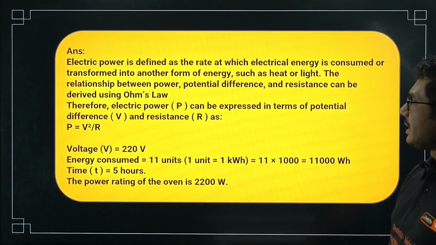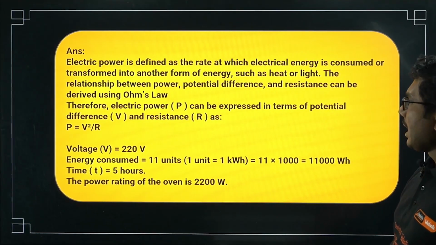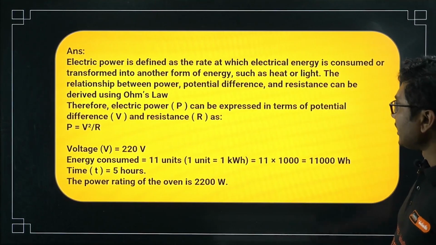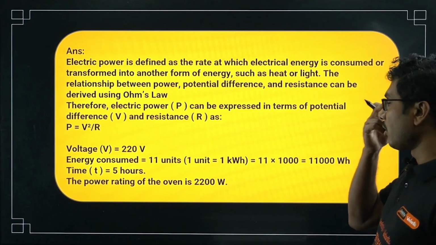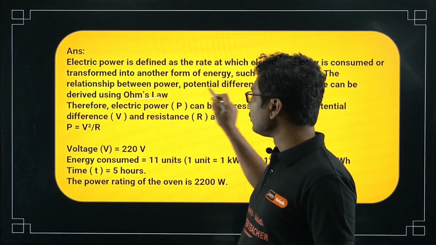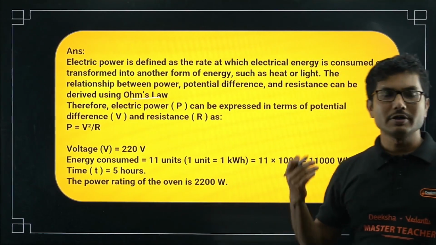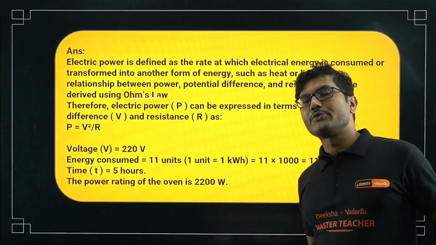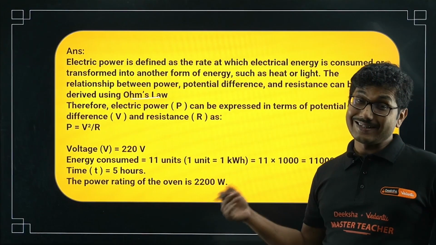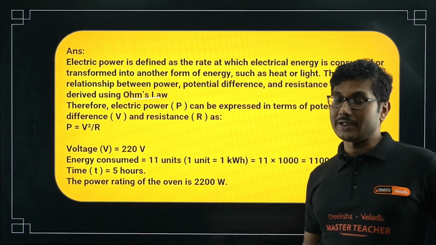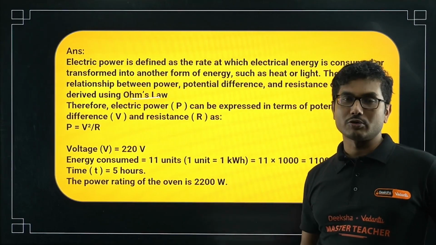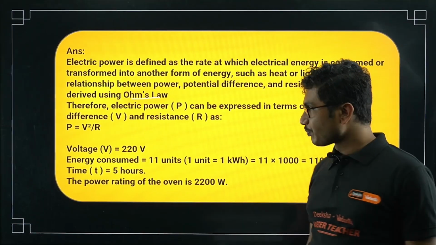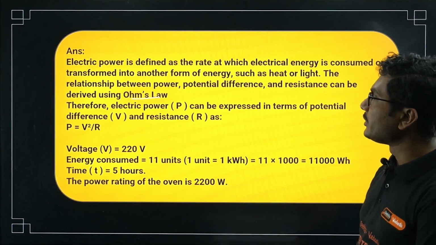So power is basically V square by R. Therefore electric power can be expressed in terms of potential difference and resistance R as P is equal to V square by R. It is not only Ohm's law, even Joule's law of heating can also be used because heat is also produced from electricity. So that is also a form of energy. So power consumed per unit time can also come from Joule's law of heating. Okay, so power is equal to V square by R.